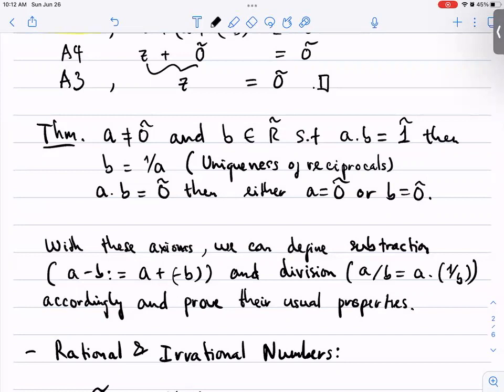So again, the summary is that first, let's forget about all these concrete real numbers that you are familiar with. Let's start from scratch. Let's start with a set of elements and you define two operations on these elements, namely addition and multiplication.